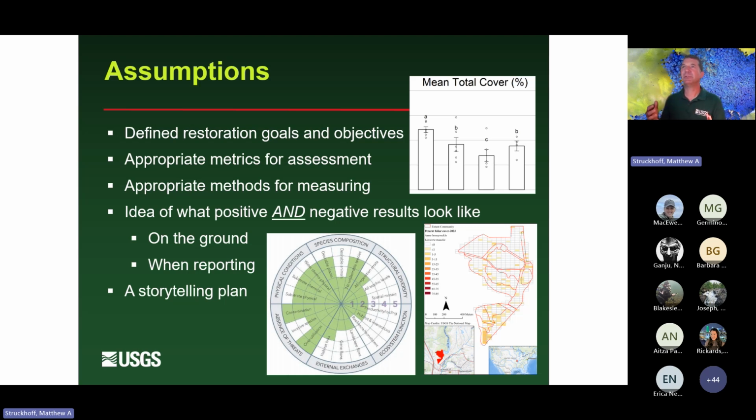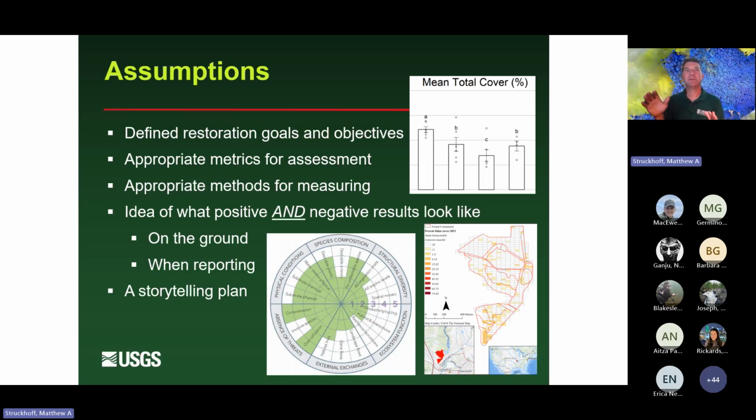And this is a good time to admit that some of what I'll be showing you is more of this envisioning of what these good and bad outcomes might look like. And some of the data that I'll be showing are imagined. That is to say, we'll look at some early results from a site and then kind of project forward as to what we might look for in terms of results of management actions and restoration effort.